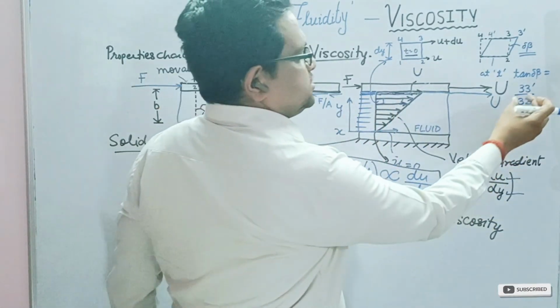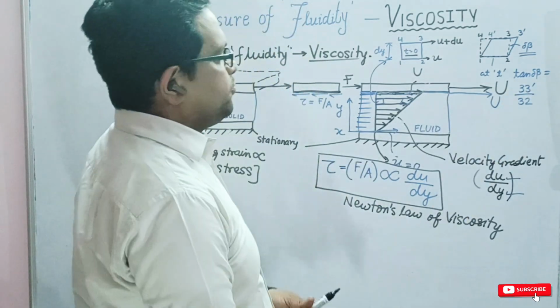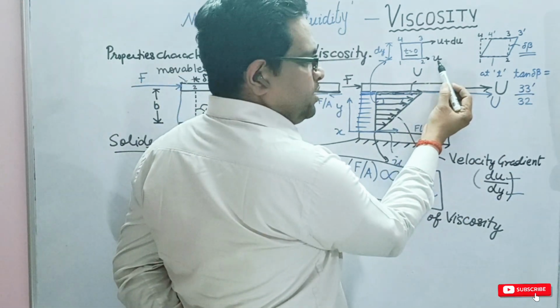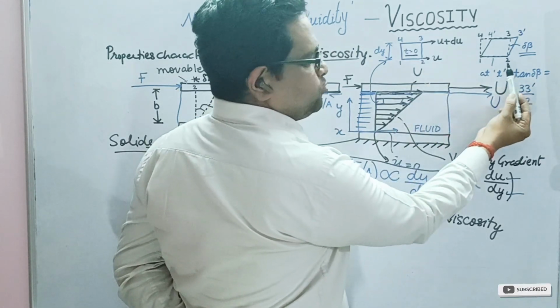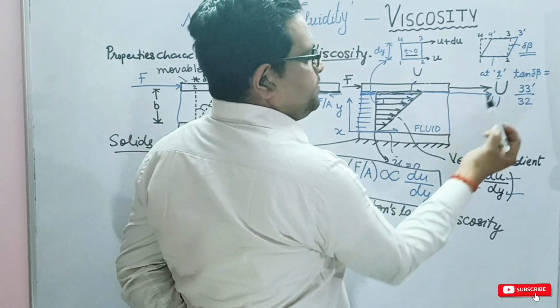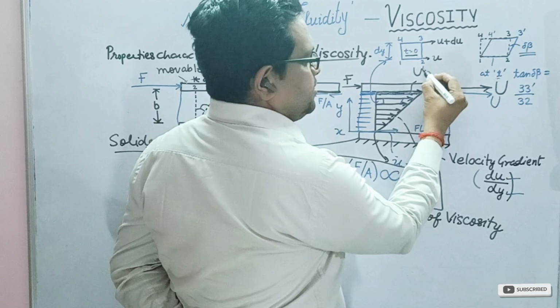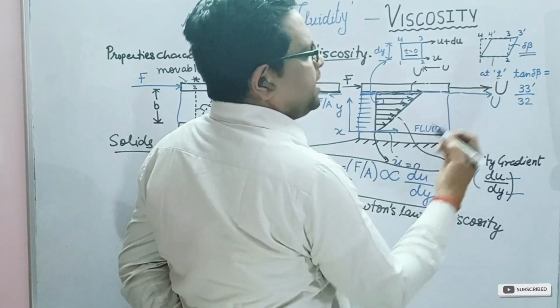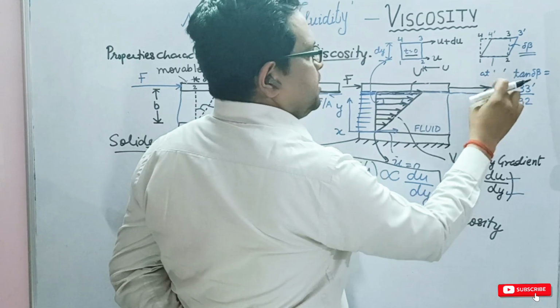So how to find out this value 3 dash? When point 2 is moving with velocity u and it has reached this position at time t, the distance traveled will be u into the time elapsed.